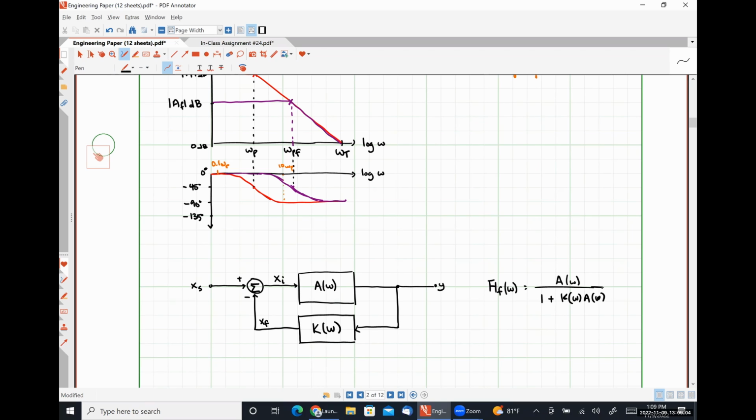So for a single pole amplifier, the quantity K omega times A omega literally can never be negative, because the most phase shift that we could ever achieve is 90 degrees. If we have a multi-pole amplifier, there may be a specific range of frequencies over which our loop gain, K of omega times A of omega, becomes negative. What happens if our loop gain becomes negative?